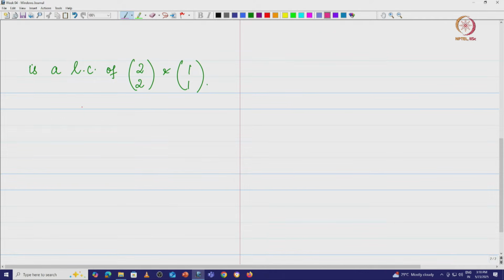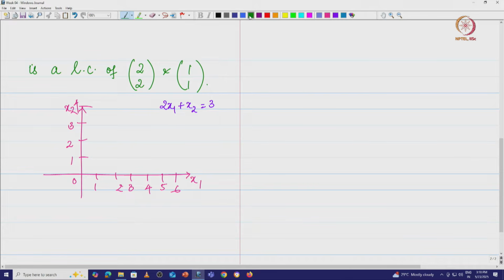I could actually draw it as equations, I mean straight lines, where we have this x1 and x2 axes, and I mark these points 1, 2, 3, 4, 5, 6 and so on. Now, the two equations that we have are 2x1 plus x2 is equal to 3, and the other equation that we have is 2x1 plus x2 is equal to 4.